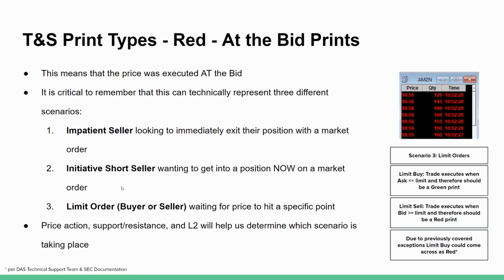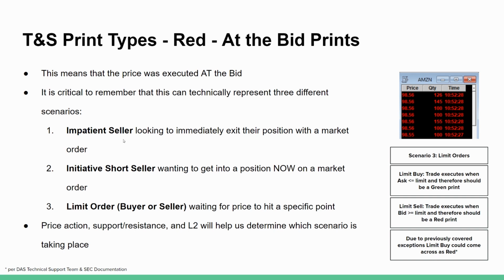Now, in general, with all three of these participant types, it is going to be very dependent upon what the price action is currently doing. Are you at a support or resistance level? And what is your level 2, your order book, telling you about liquidity zones and kind of where the demand and the supply of the market is at that point, which help you determine who is the dominant type of participant here, right? Because if you have mostly impatient sellers that are selling to patient buyers, you could get a price flush.